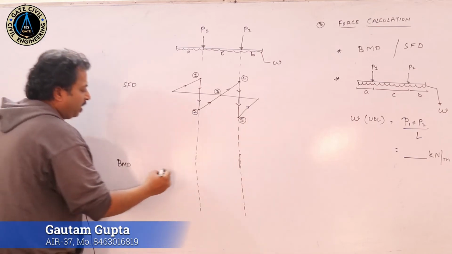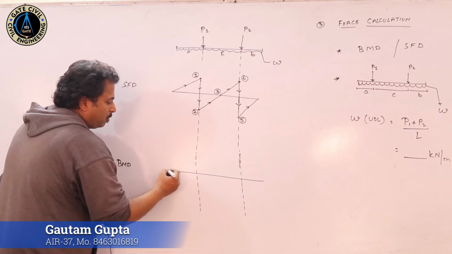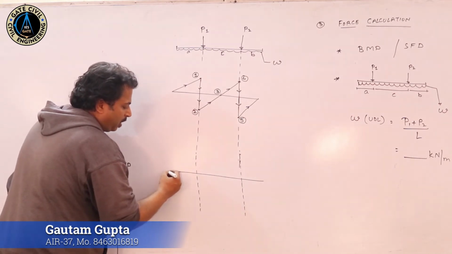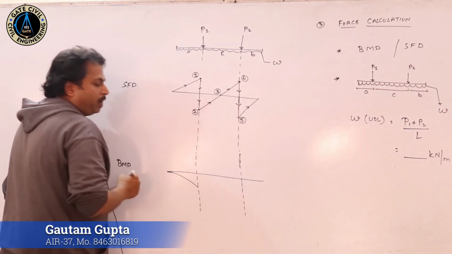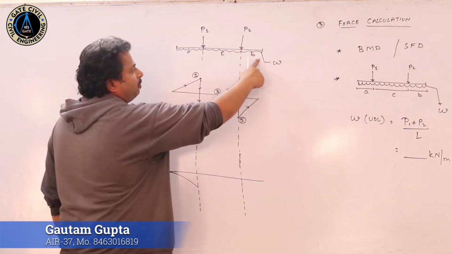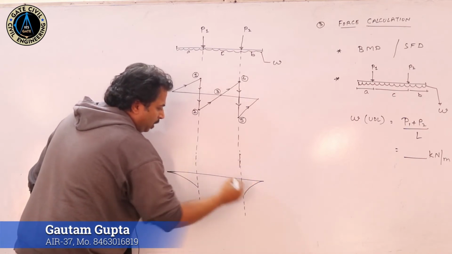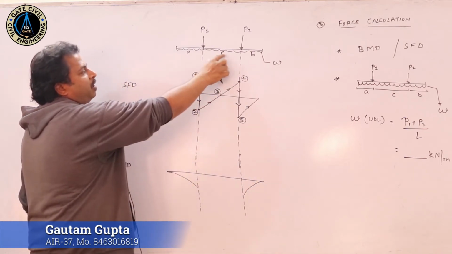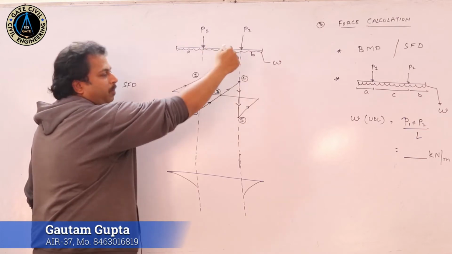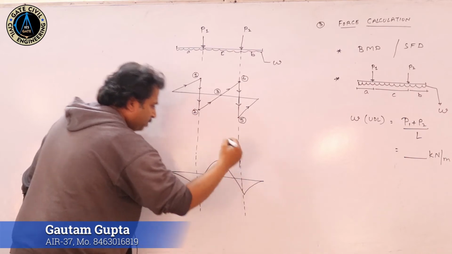So, since it is a sagging, I am drawing the bending moment on the tension side. This is the sagging. This will also sag the beam. So, this is also sagging, and this particular portion will try to hog the beam.